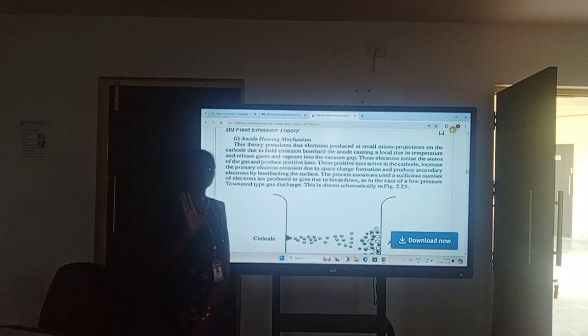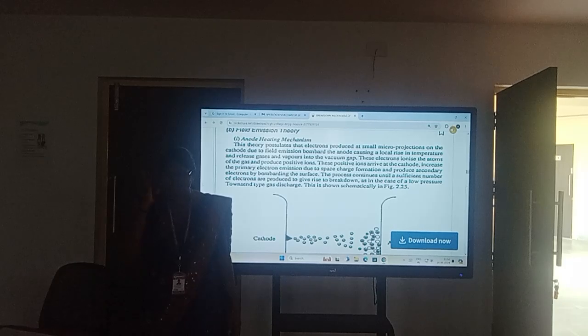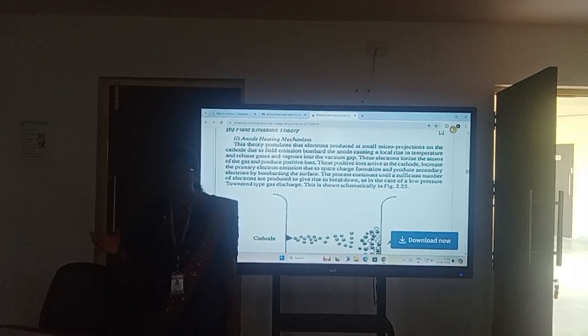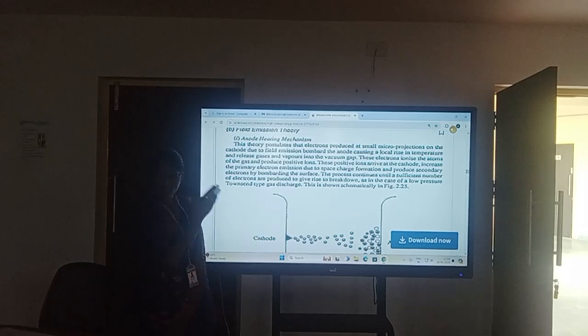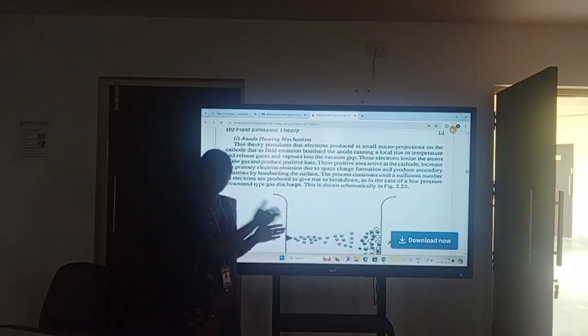You just want to study the theory: particles are exchanged by the same principle. Positive ions are created and electrons are multiplied. First, remember that in the cathode an electron is present, and between the cathode and the anode the vacuum gap is present.